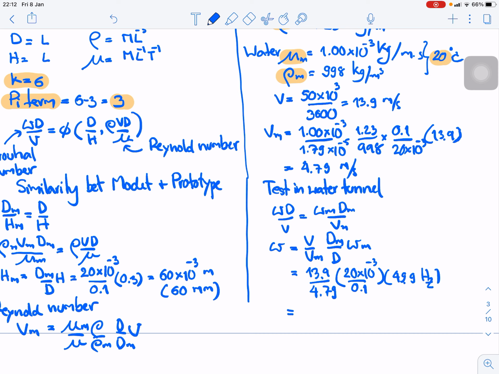So we can estimate that the shedding frequency for the prototype is equal to 29 Hz when tested in the water channel.